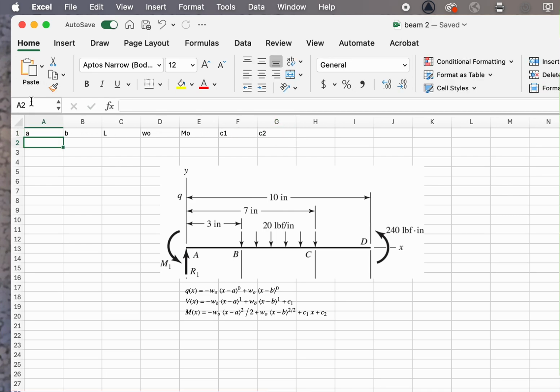I'm going to name these like I've done before. So we're going to call that A. This we'll call B, and you have to hit return. This we'll call L. This we will call W naught. This we will call M naught.